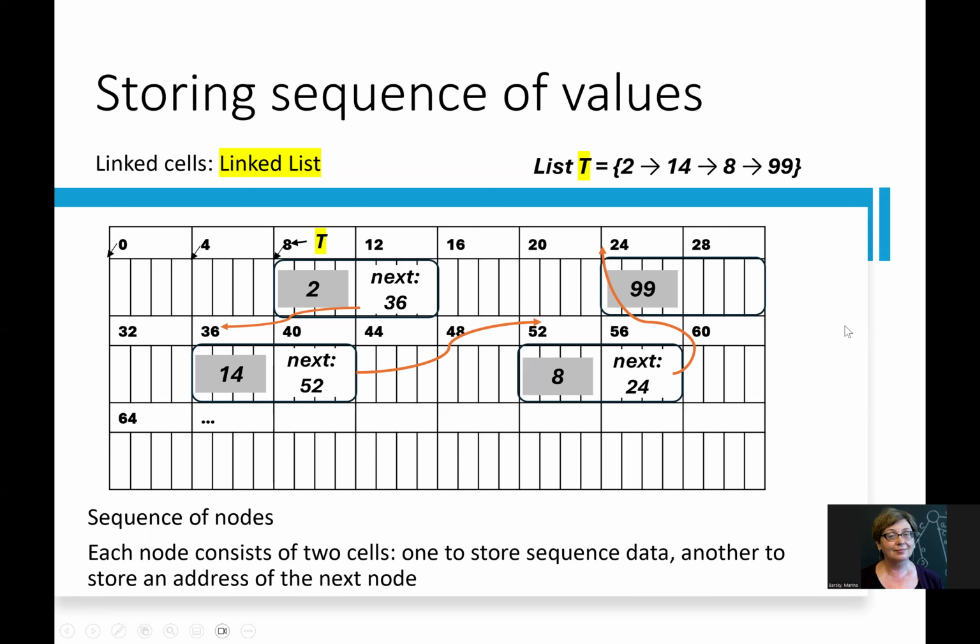As you can see, in this case, our sequence will occupy more space. However, the values do not need to be arranged consecutively. So that is the difference between the array arrangement and the linked list arrangement of values.